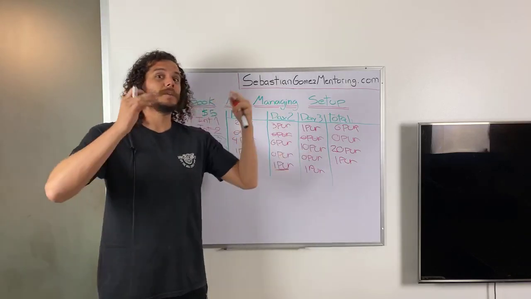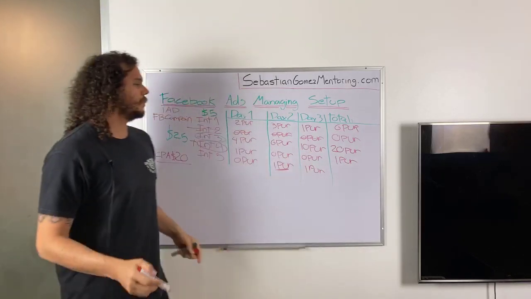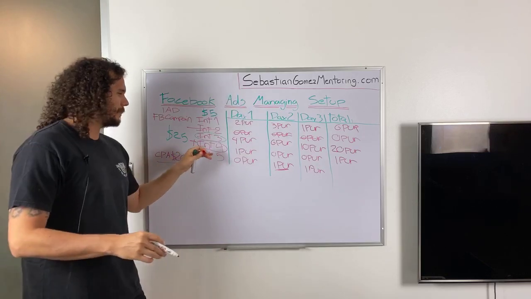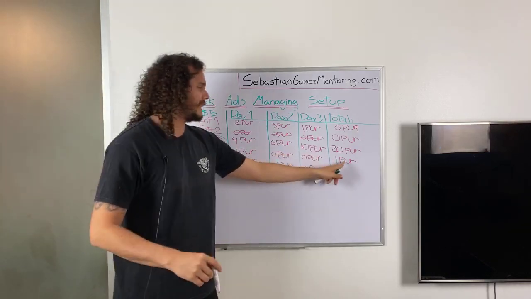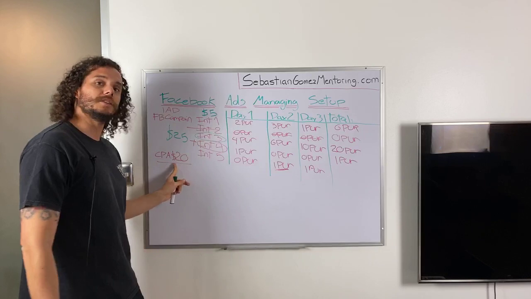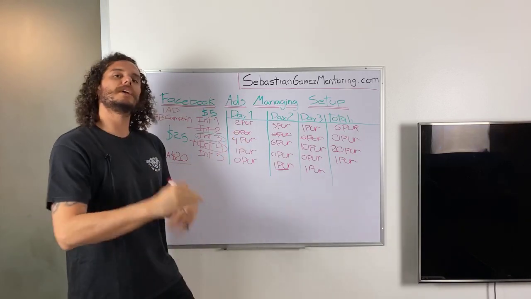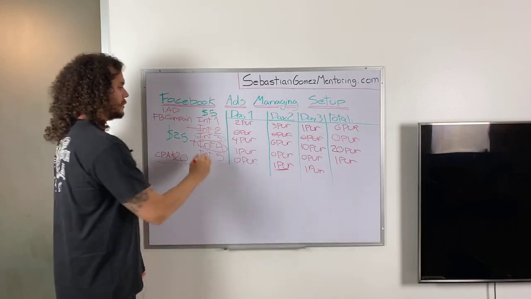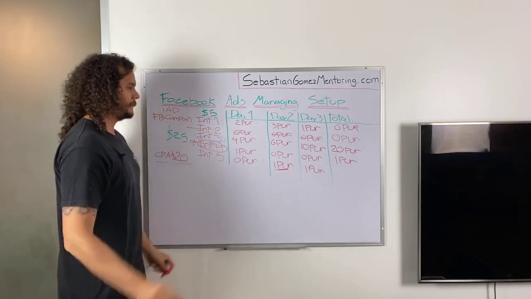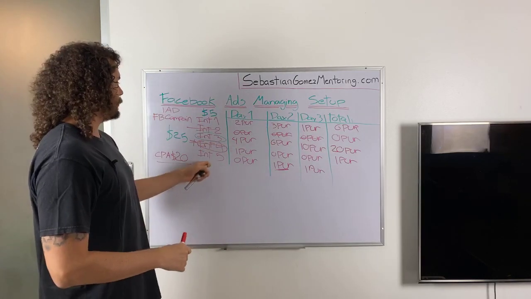So that's also something that you're foreseeing, right? I'll just keep an eye on that one. But if the cost is higher than my CPA of $20, kill it. If it's breaking even, you can keep playing with it. But if it's losing money, kill it.